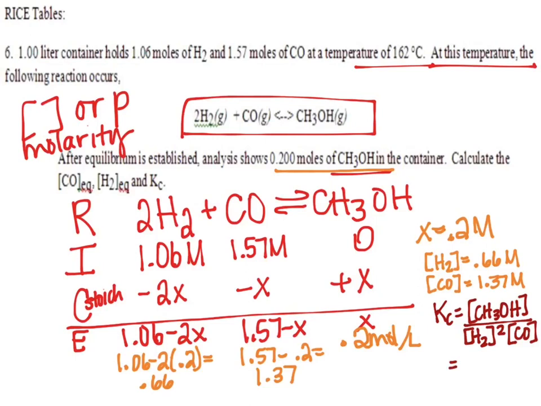So always start with that equilibrium expression, and then go in and solve. So for CH3OH we have 0.2, for H2 we have 0.66 squared, and for CO we have 1.37.